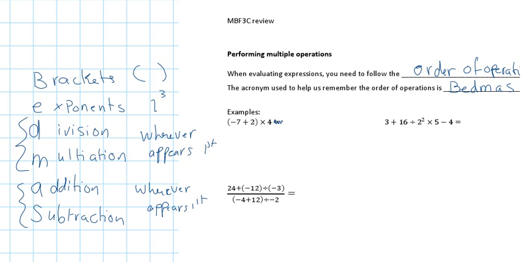So the correct way to write this is to start a new line with an equal sign. And then I do the bracket, so that's going to be -5 times 4. And then my next operation is multiplying the -7 times the 4, or -5 times the 4, sorry.